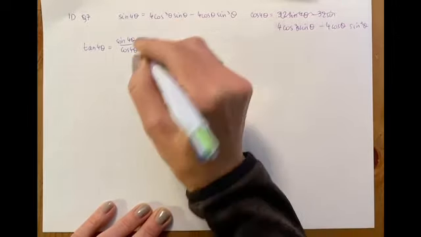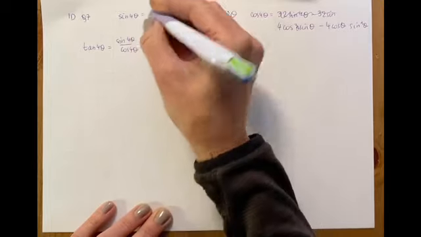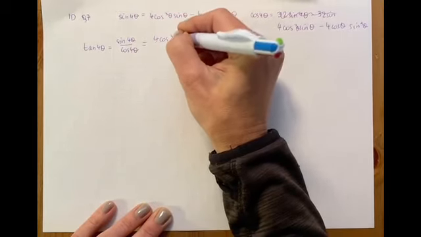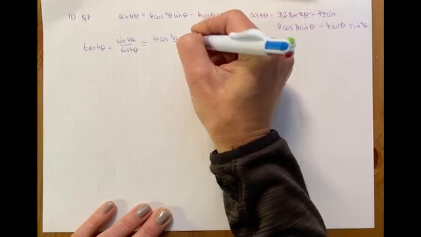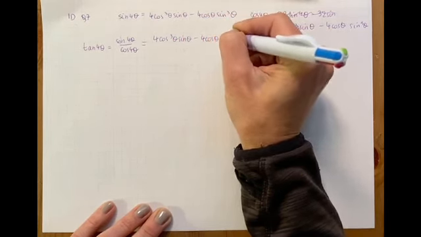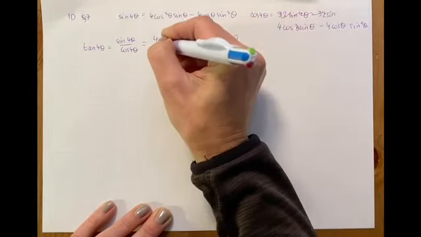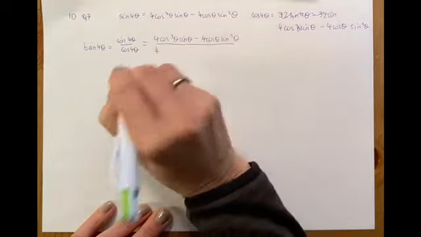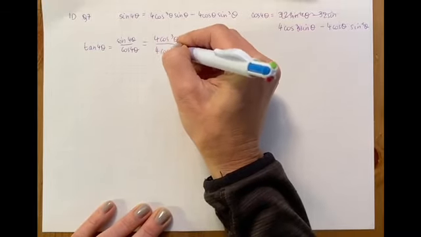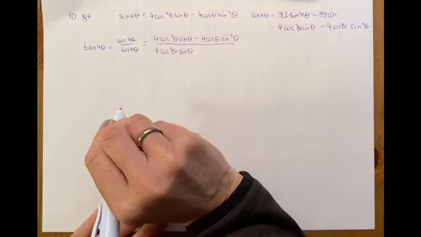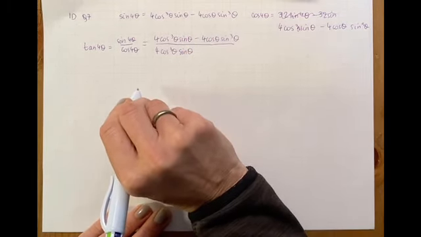So we're going to substitute these expansions into this fraction. 4 cos cubed theta sine theta, take away 4 cos theta sine cubed theta, goes on the top, and on the bottom of the fraction is... oh, that's the same one.